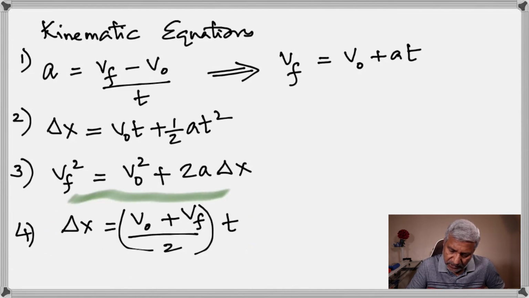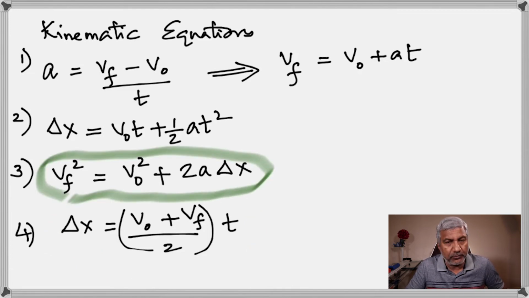Can you use this? You might say, okay, it has acceleration in it. Sure. But do you have all the other terms? No. You do not have the displacement. And so that means there'll be two unknown quantities in that, and that means it won't work. So that will not work either.